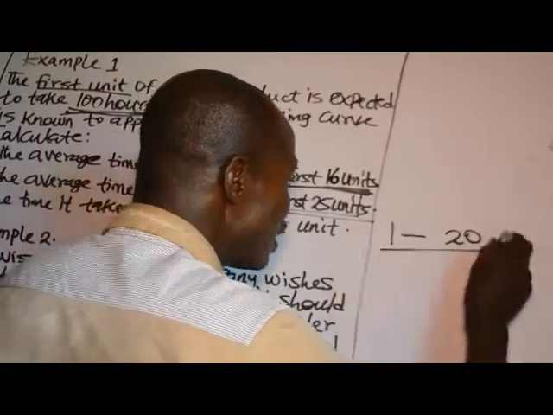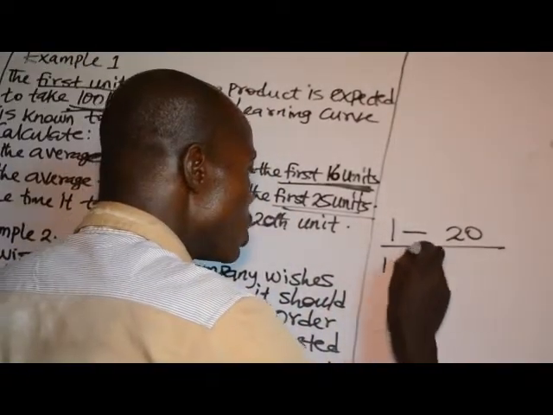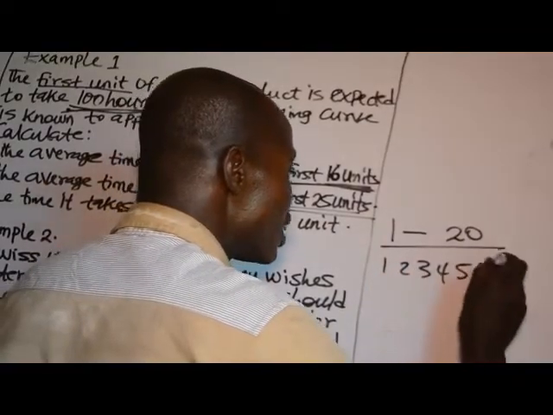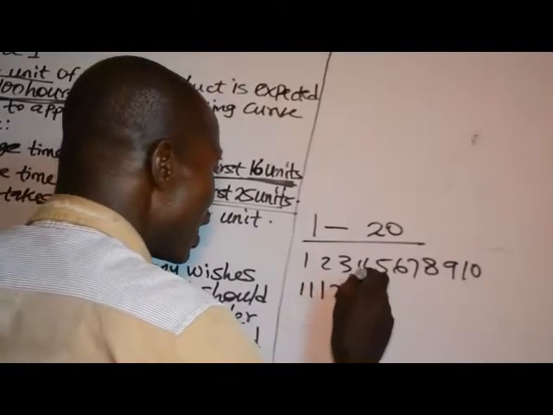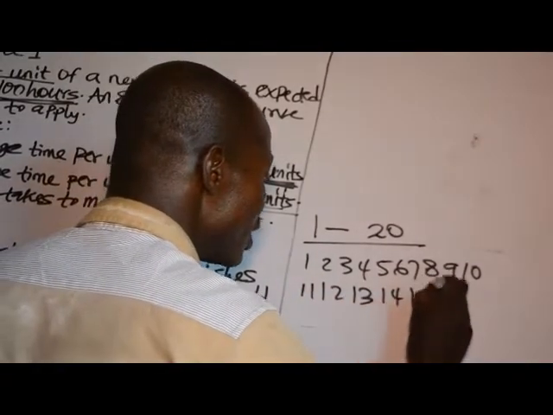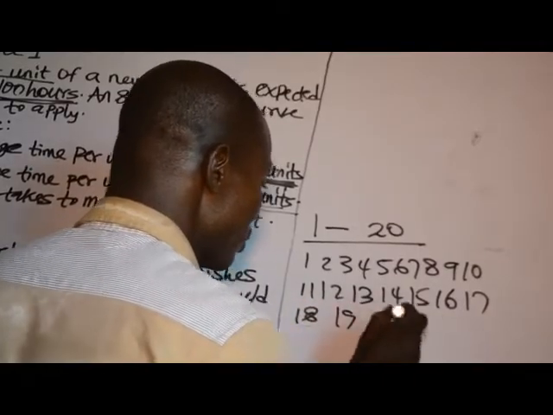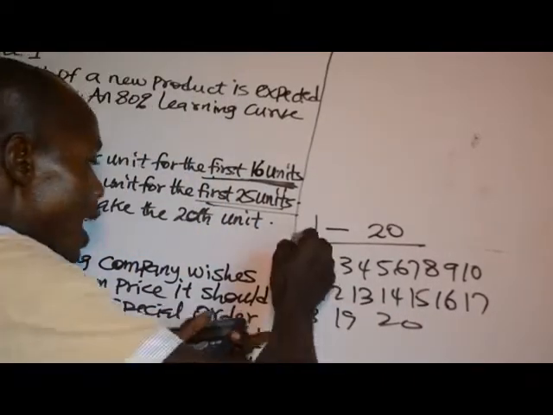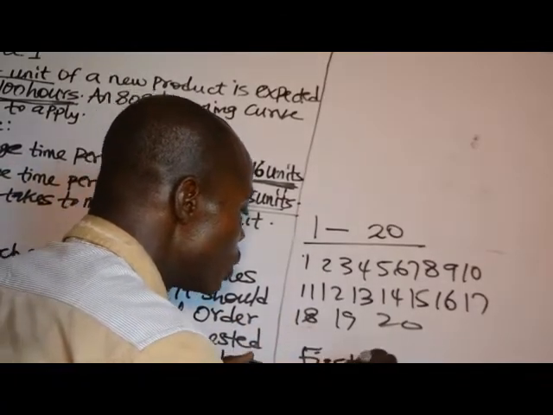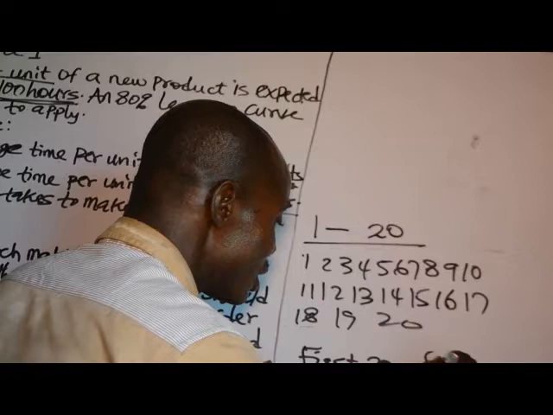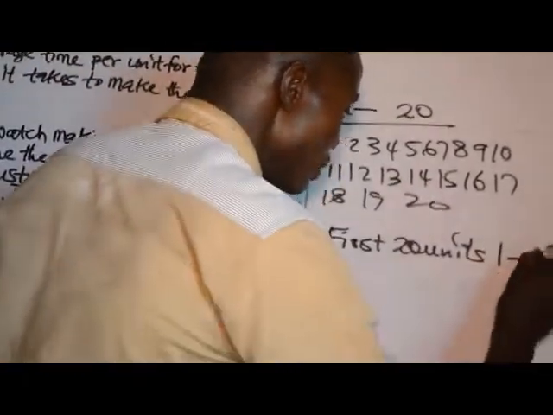That is first 20, when you have 1, 2, 3, 4, 5, 6, 7, 8, 9, 10, 11, 12, 13, 14, 15, 16, 17, 18, 19, 20. From 1 to 20, that is the first 20 units. That means we made from 1 to 20.